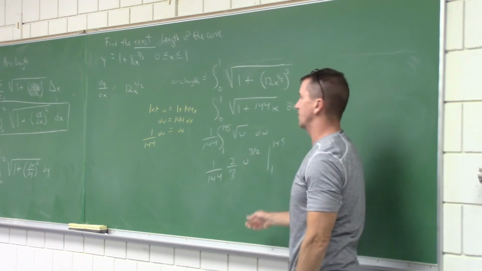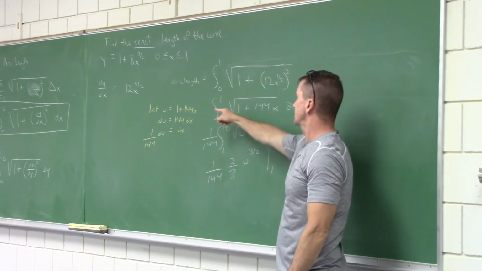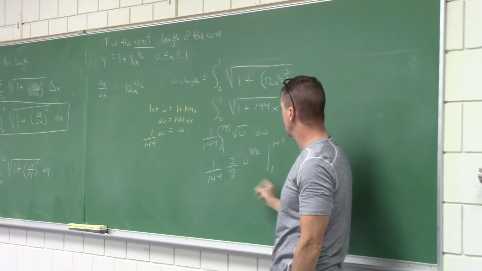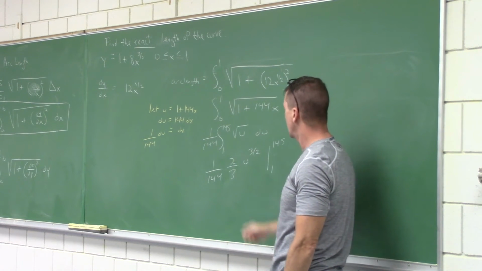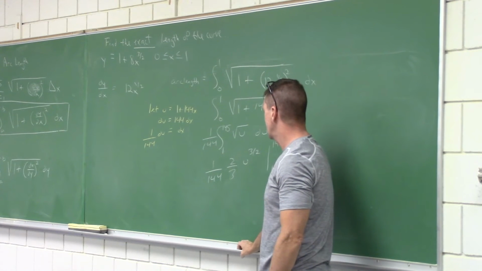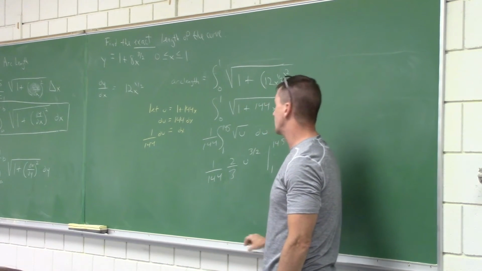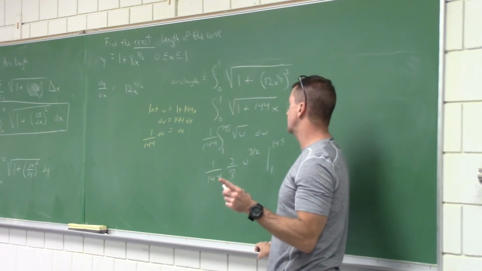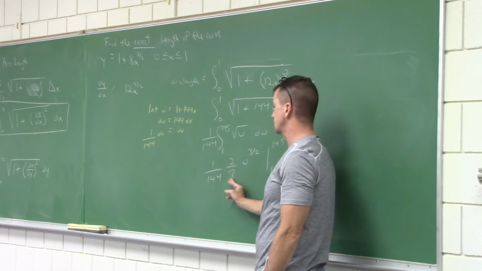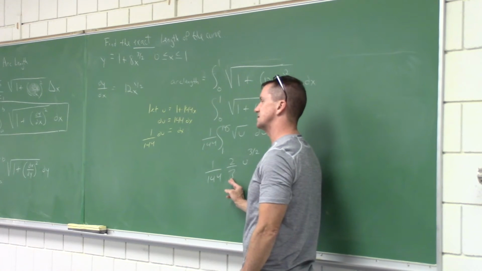So what I'm doing now, everyone, I'm not putting my resubstitution of this because I'll just use my u values. I'll put that in there and subtract them. I can reduce that a little bit, can't I? 144 over 2 is 72 times... what's 72 times 3? 216. Is that right?